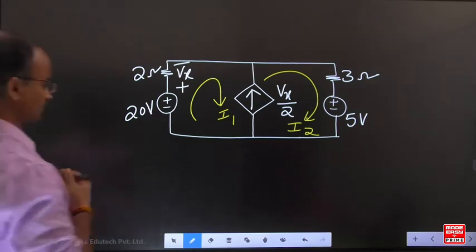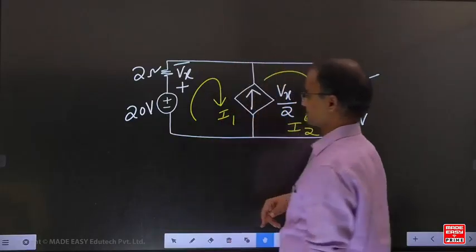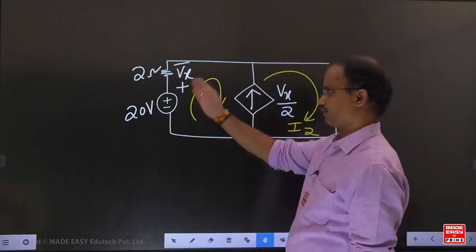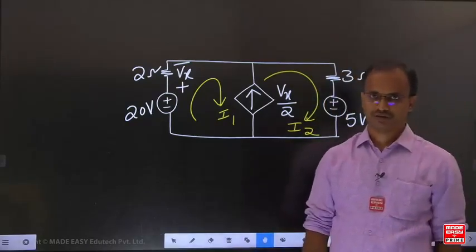Okay, now observe. For this particular example, considering only loop 1, we cannot directly write the KVL equation.